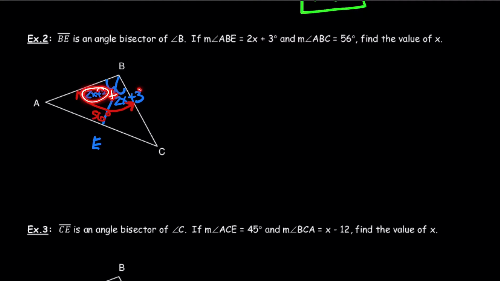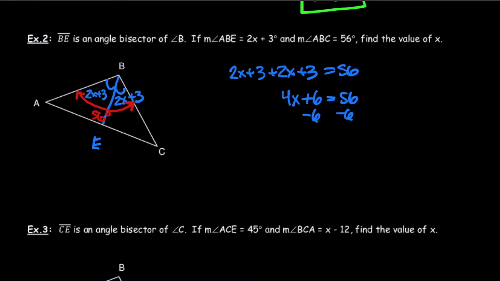So now I just add these two together and set that equal to the whole thing, which is 56. 2x plus 3 plus 2x plus 3 equals 56. I'm going to combine my x's. That gives me 4x. Combine my numbers. That's going to give me 6. 4x plus 6 equals 56. Subtract 6 from both sides. 4x equals 50. Divide by 4. And we're going to get a decimal. That's going to be 12.5. The question says find the value of x. So I did that, and we are done.